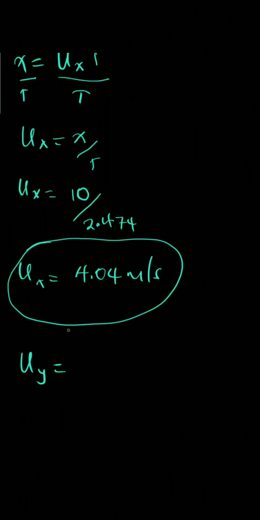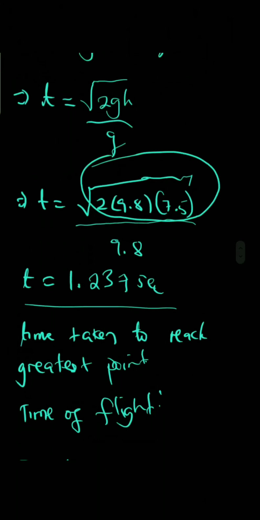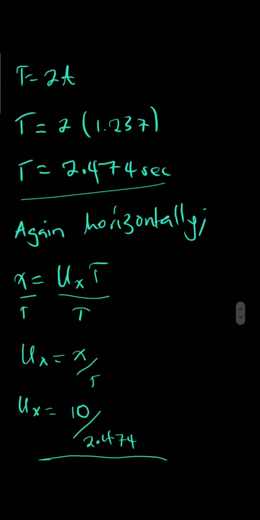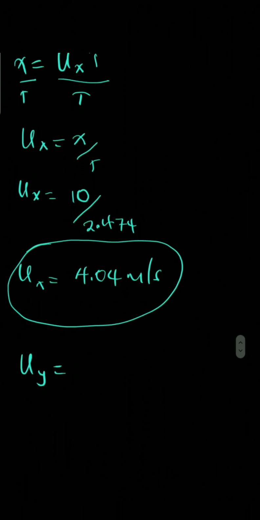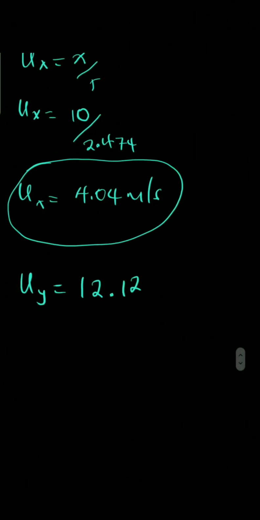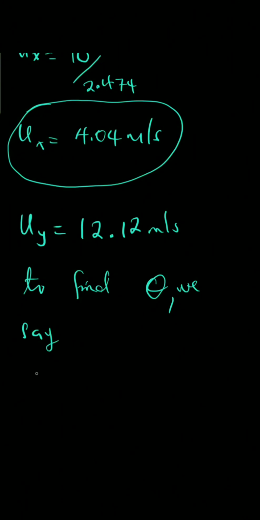Also, we need to obtain the vertical initial velocity, which is what we have under the root. So this one is 12.12 upon doing calculations there. Now, borrowing concepts from trigonometry, we want to find the value of the angle.